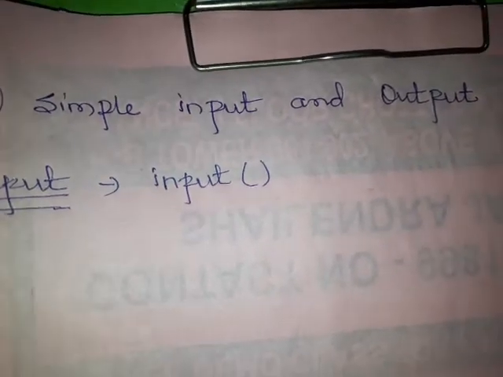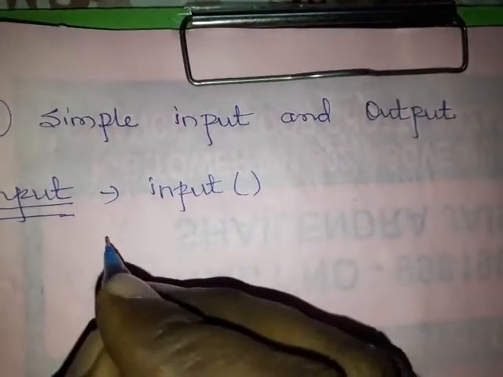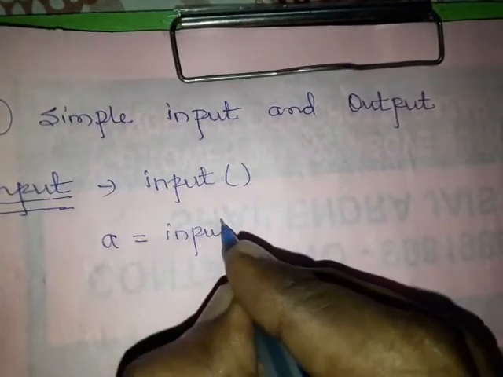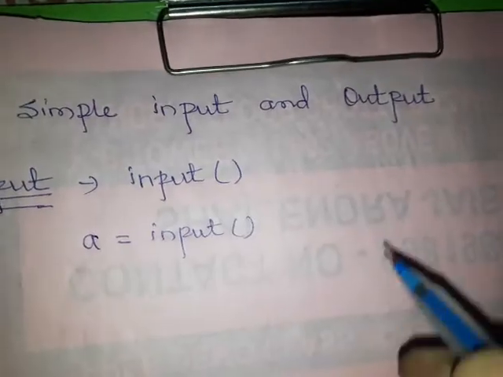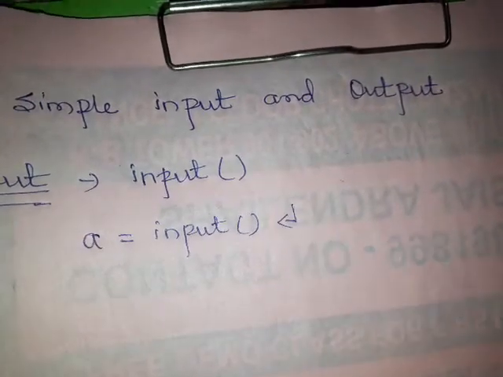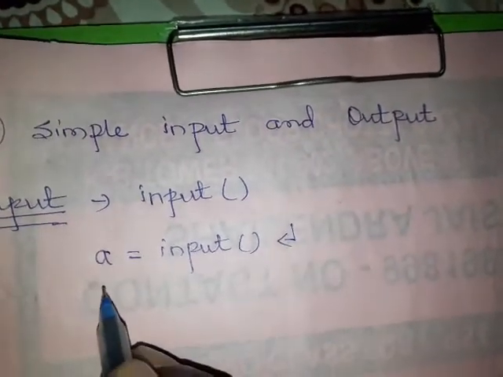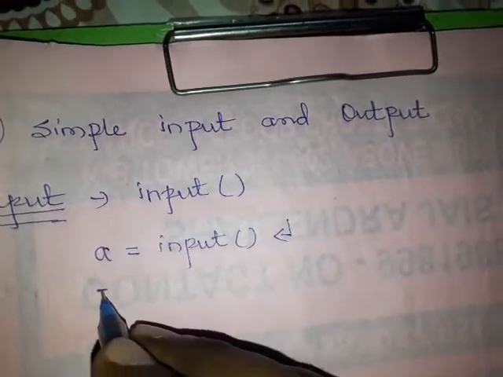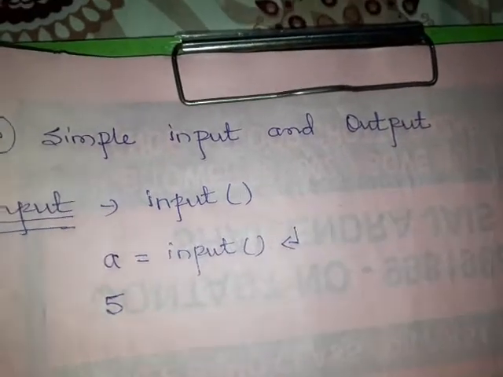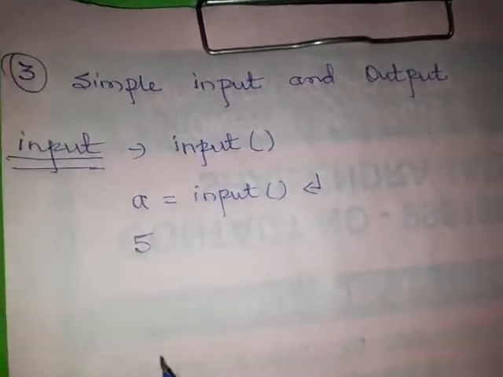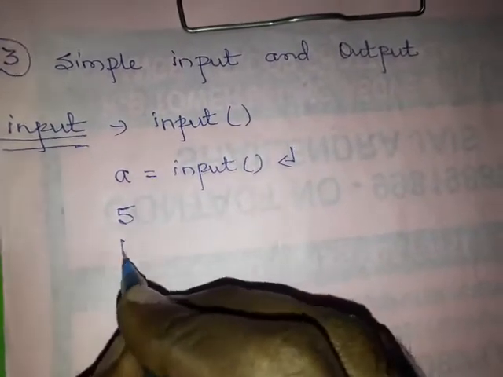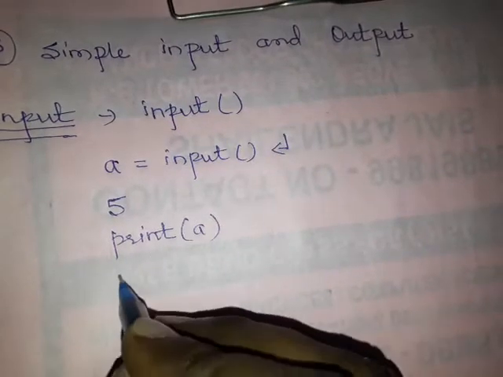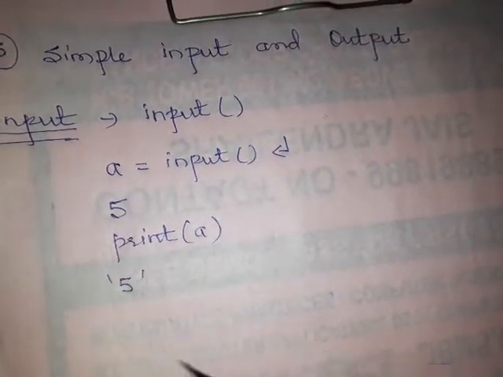Okay, suppose I write A equals only single input. When you run this single line of code, there is a prompt cursor blinking and you have to enter some value. Suppose here I write 5. Okay, and then after this when you print A, it will print 5 like this.